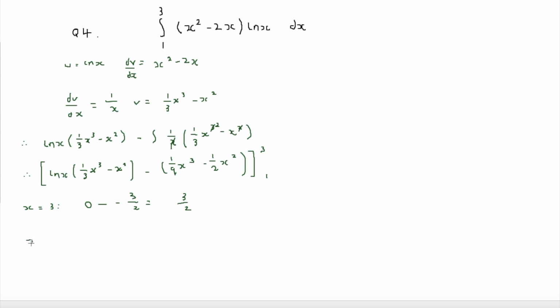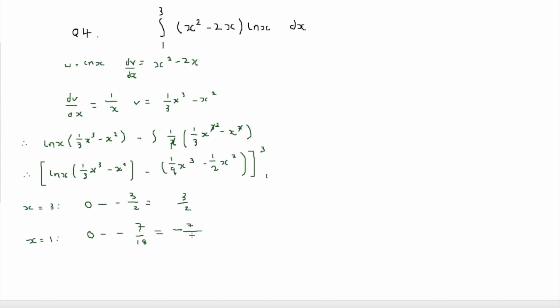Then we let x equal 1. Again, if we put 1 into the starting part, we're going to get 0. Then we're going to minus that, and then we're going to have 1/9 minus a half. That is equal to minus 7 over 18. So therefore, that's equal to 7 over 18.